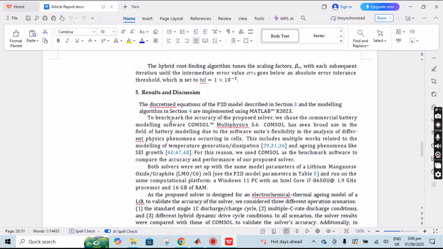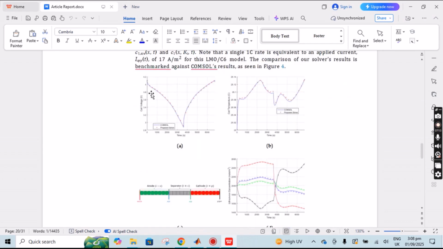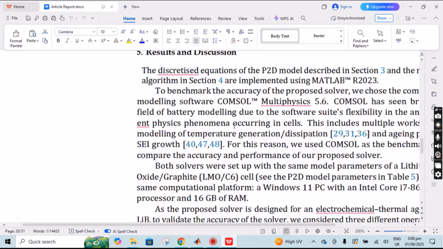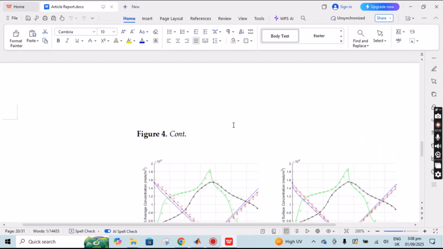We have added the complete discretized equations of the P2D model in MATLAB and we get the output results like this: the cell voltage, the cell temperature, and the complete lithium concentration, according to different times.